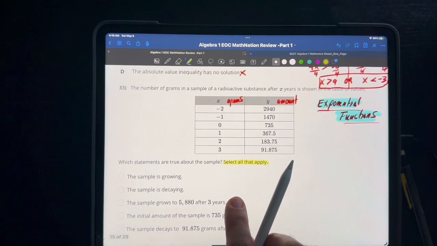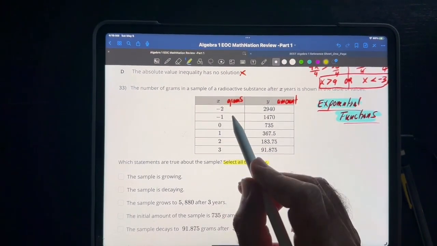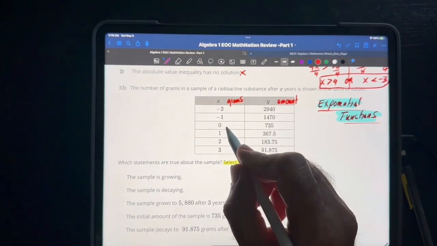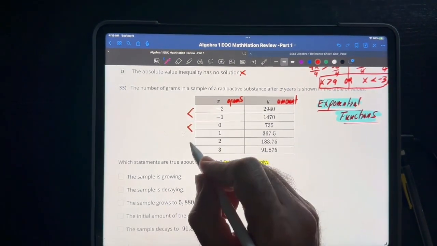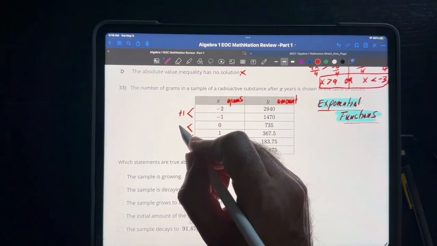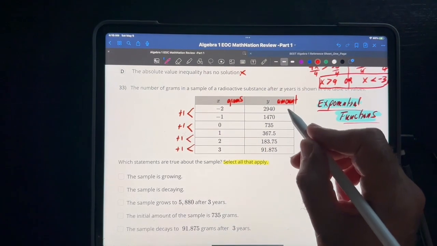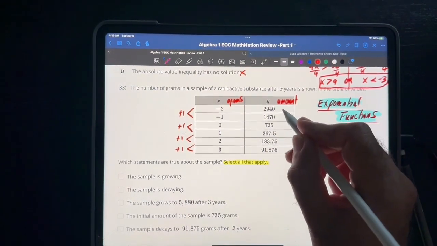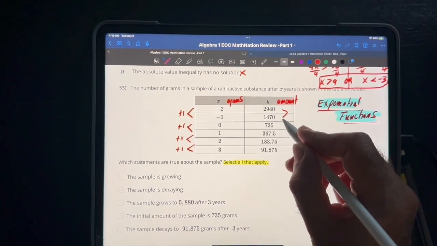So the sample is growing. Let's see what's happening here. Is X increasing? Is X going up each time? Yes, X is going up by +1 each time. So as X is increasing, is Y increasing? Well, let's look. Y is 2,000 and it went down. So this went down by a certain amount.